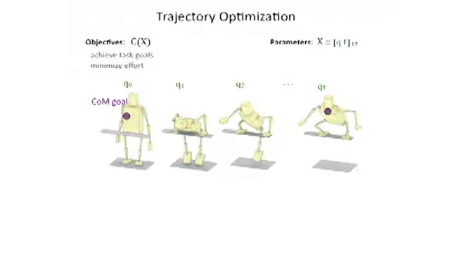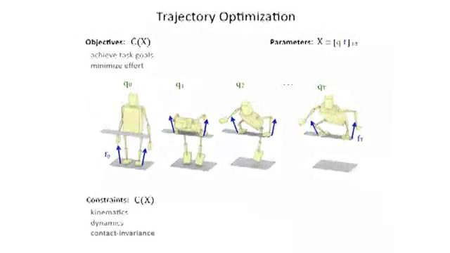What we'd like to have is to find a motion that satisfies this high-level task. The parameters of the problem that we're going to be optimizing over are a collection of these poses of the character from time 0 to T, and in addition, the contact forces that this character applies to the environment and vice versa.